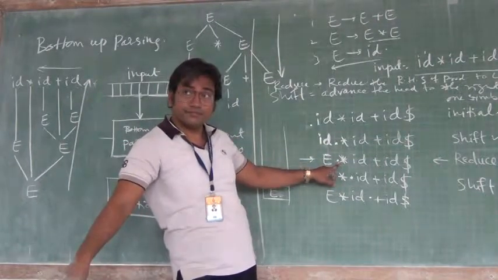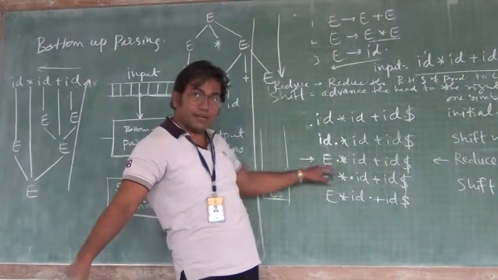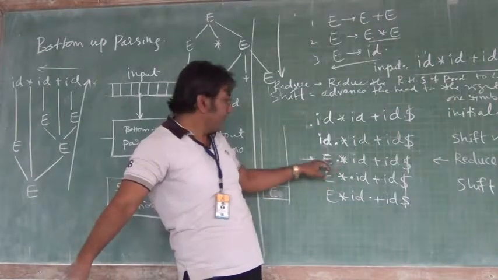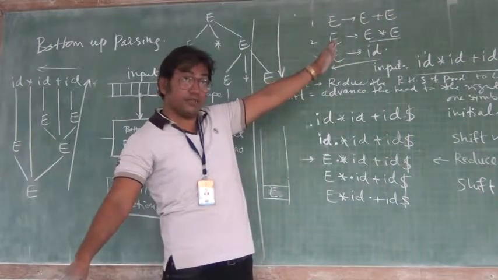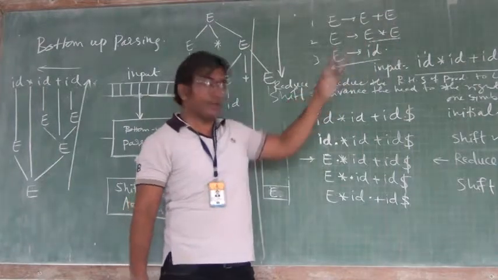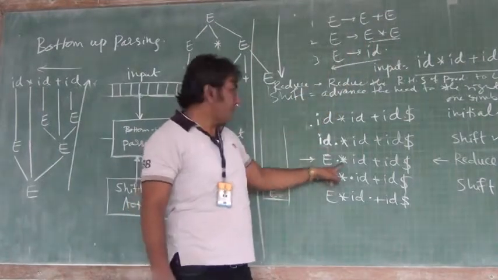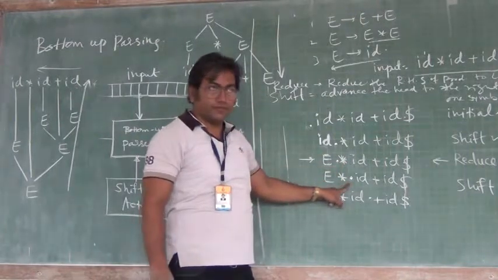Reduce क्यों नहीं? Reduce करना है तो आपको लेफ्ट हैंड साइड में देखना पड़ेगा, क्या है? E है. E कहीं पैटर्न में है, राइट हैंड साइड में सिर्फ E कहीं दिख रहा है आपको? नहीं. So I cannot reduce. So what do I need to do? Shift. So that shift I have done.